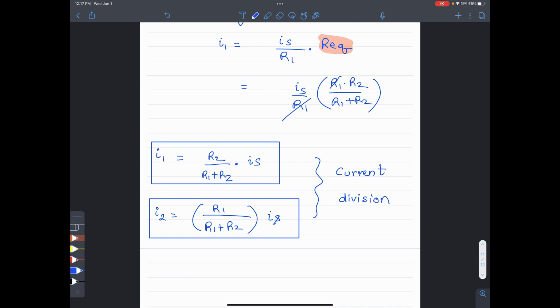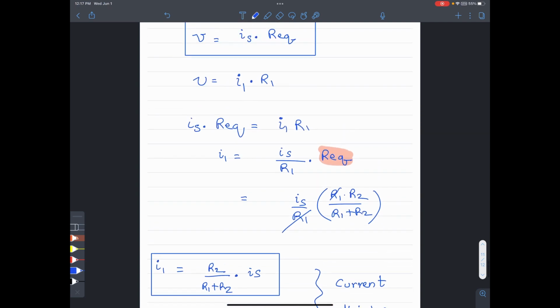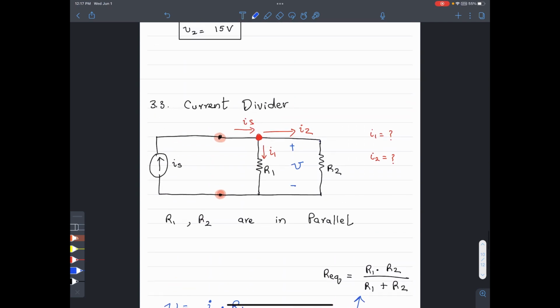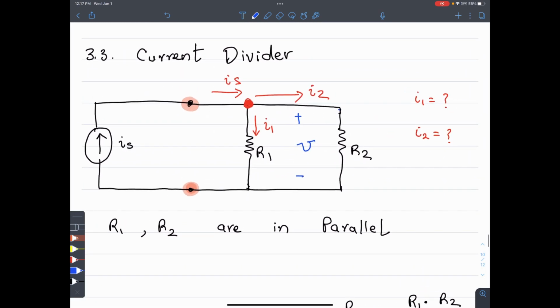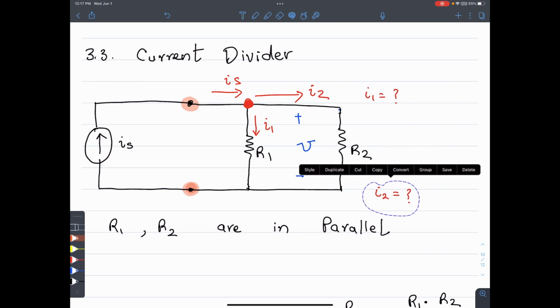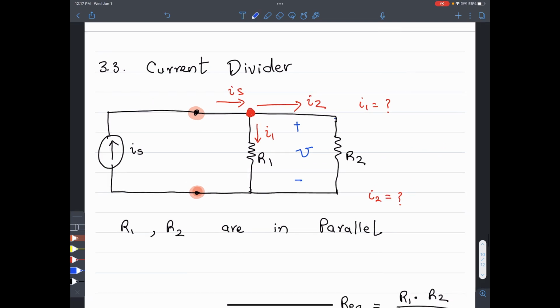So if you go back, we started out with this circuit. We wanted to find out the expression for I1 and I2, right? And I mentioned that I1 is R2 over R1 plus R2 times Is.